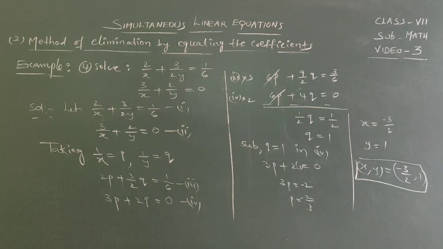Two by x plus 3 by 2y equal to 1 by 6. 3 by x plus 2y equal to 0. They gave. Okay, here taking 1 by x as p and 1 by y as q.